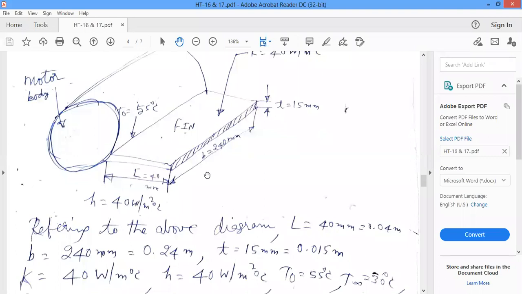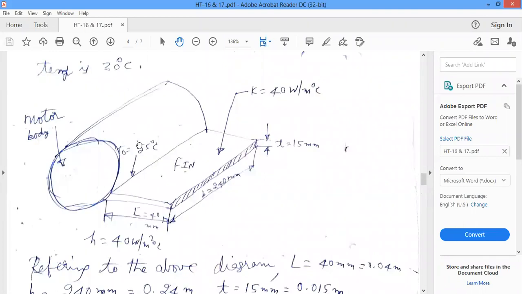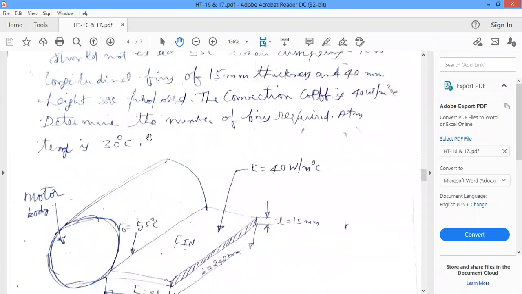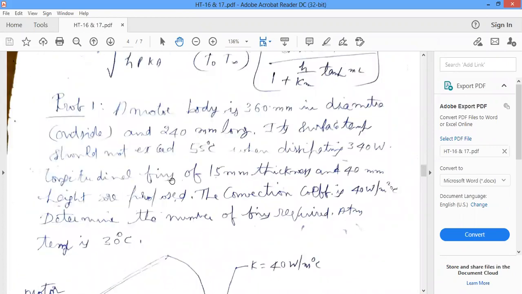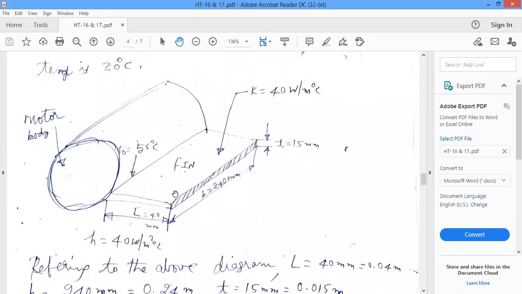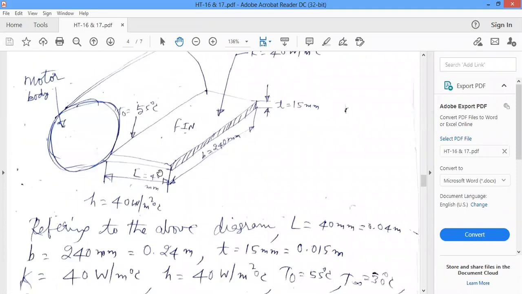That's why you can apply the short pin case, the third case, by drawing a rough sketch and observing the pin length compared with the width.